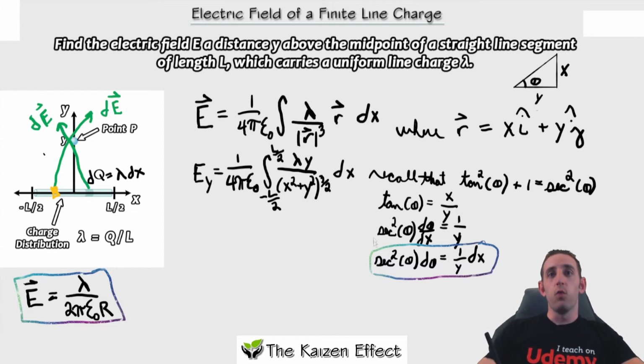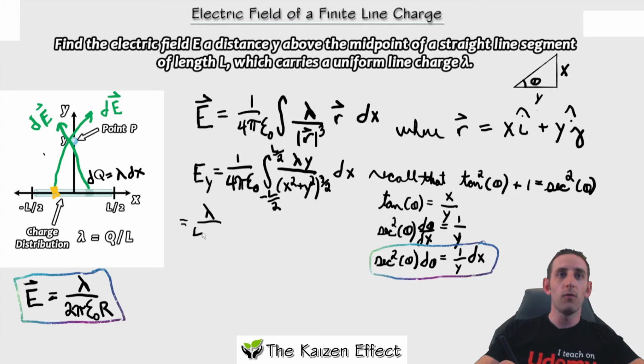All right. So, you look at this substitution and you're like, whoa, wait a second. How am I going to throw this in here? Well, I'm going to show you really fast. In order to do that, I'm going to pull out the lambda. So we're going to get a lambda over 4 pi epsilon naught. We're going to get our integral of y.